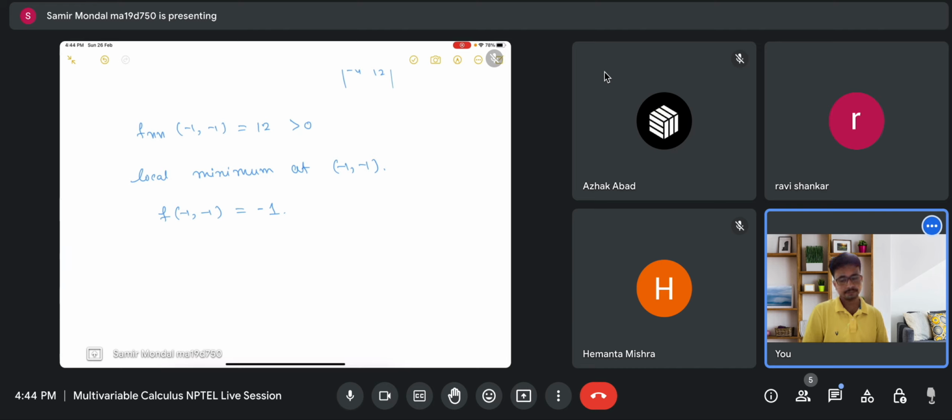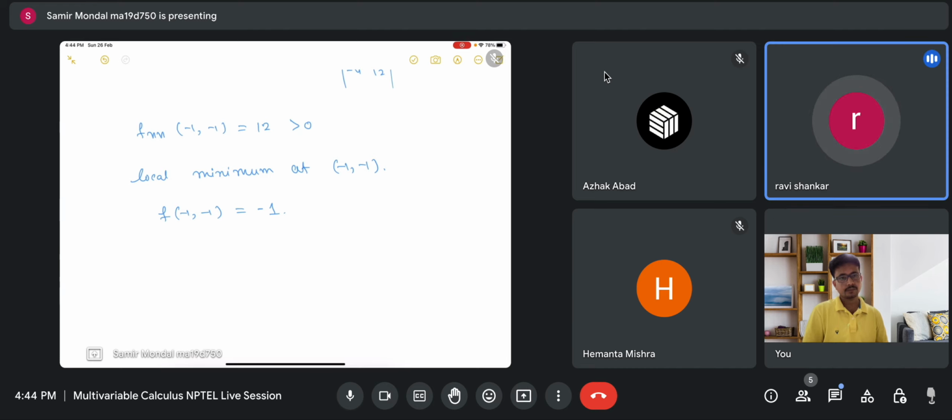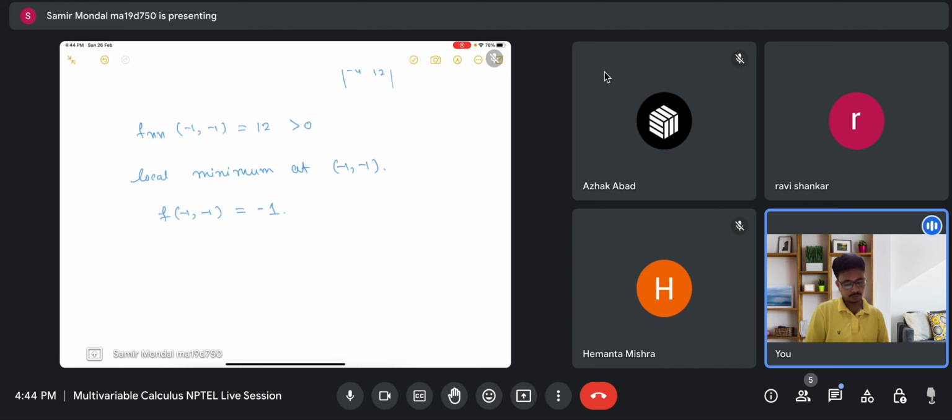Sir, if local minima would vary in one case, then what can we say about absolute there? If suppose we are getting minus 1 and minus 2 at two different points, that time minus 2 will be your absolute minimum. Is it or not?